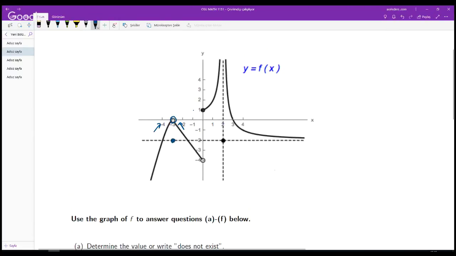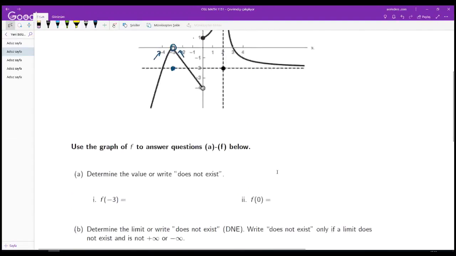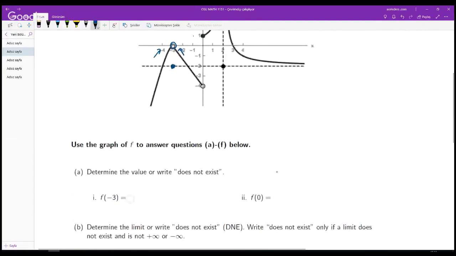So please be careful: the function value when x is minus 3 is represented here, at the point y equals minus 2. Since this is the function value, I say that f is equal to minus 2 when x is minus 3.